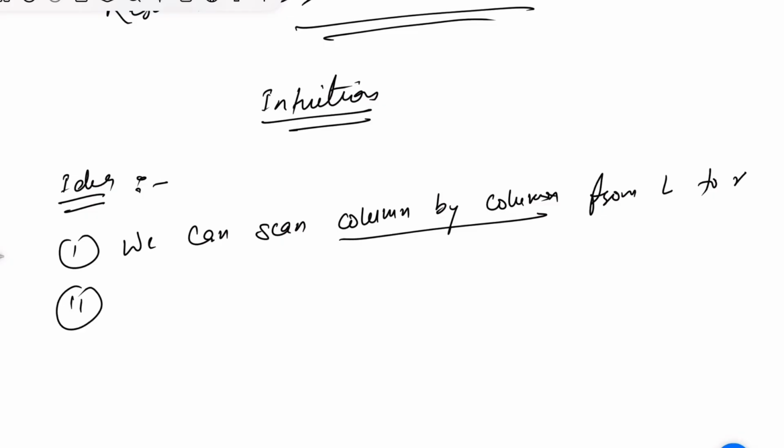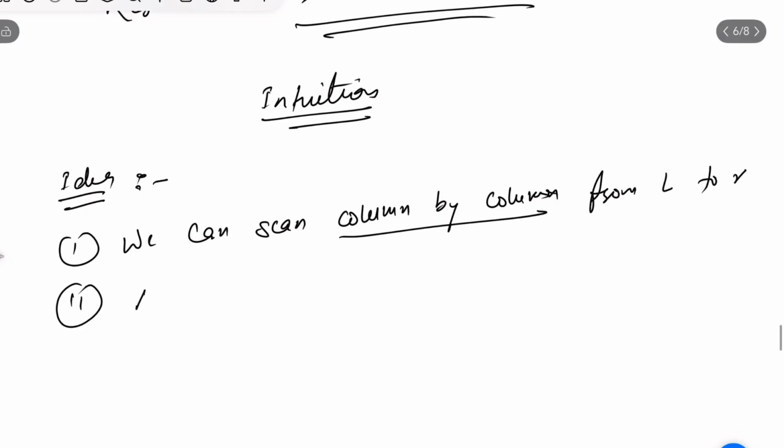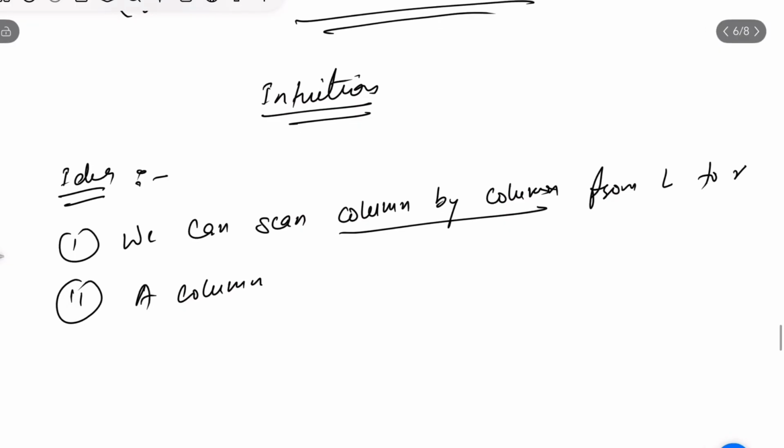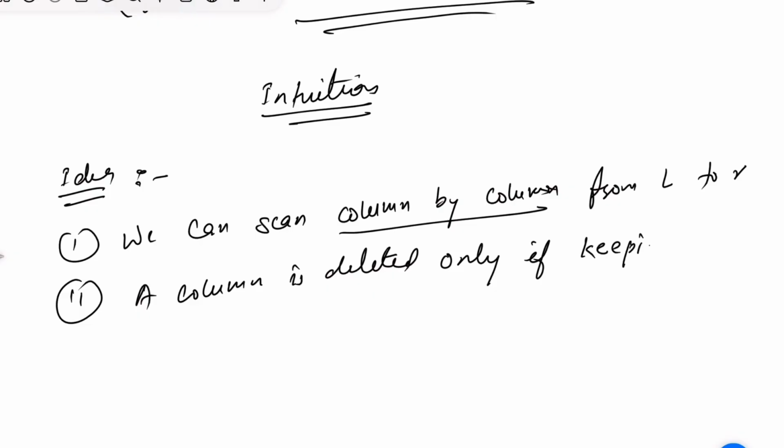Then a column is deleted, we'll say, only if keeping it makes the order invalid.